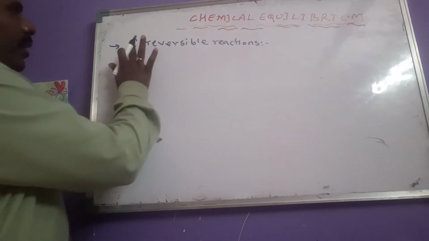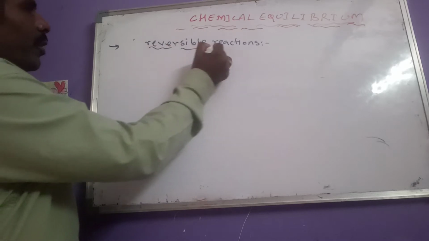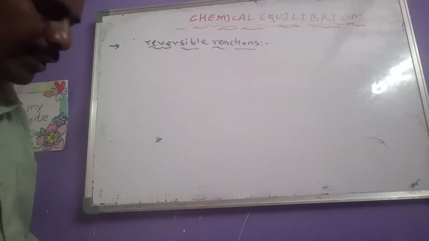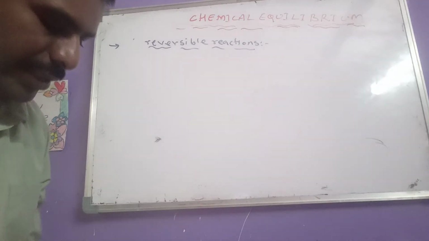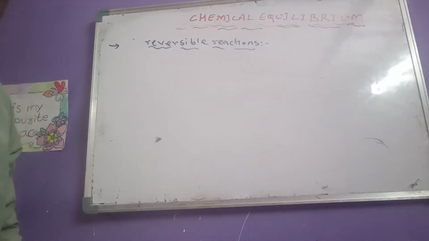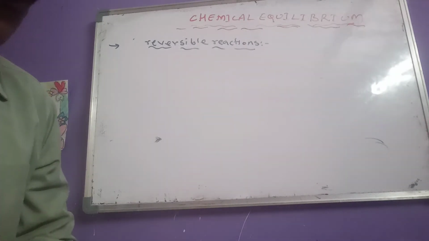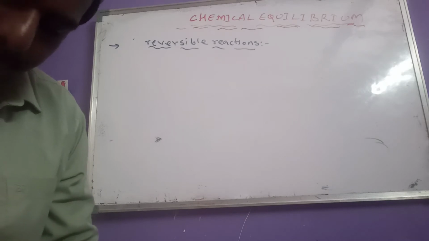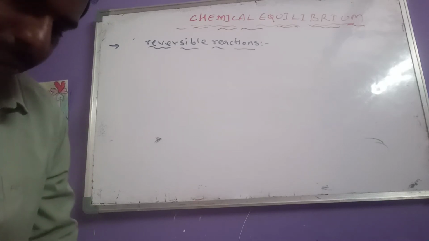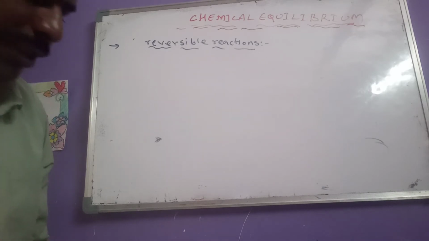Then the second one is reversible reactions. Reversible reactions mean that first, reactants give products, and again after some time, those products give reactants. That means the reaction takes place in two directions.